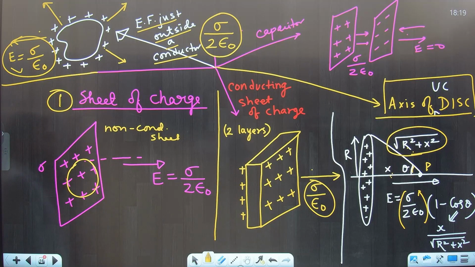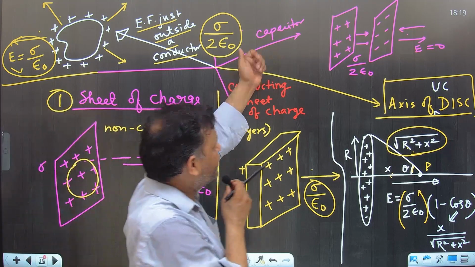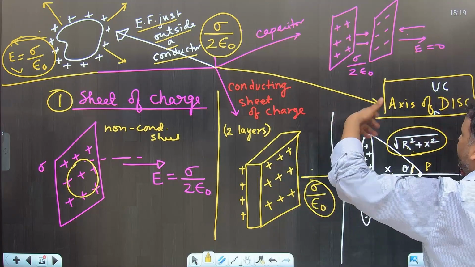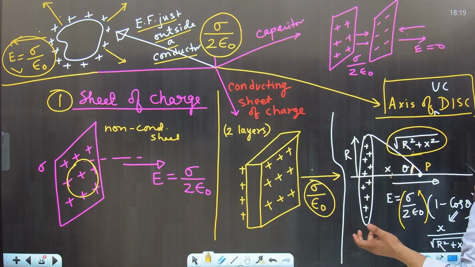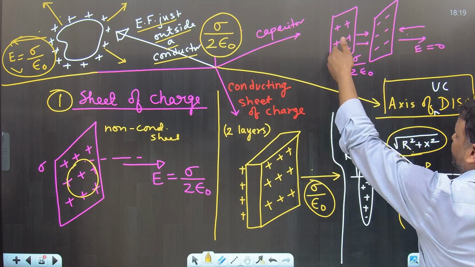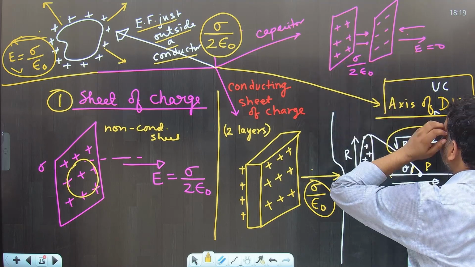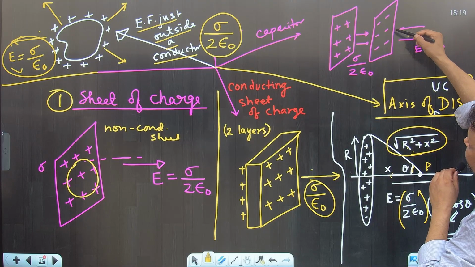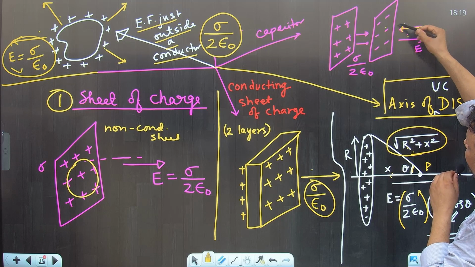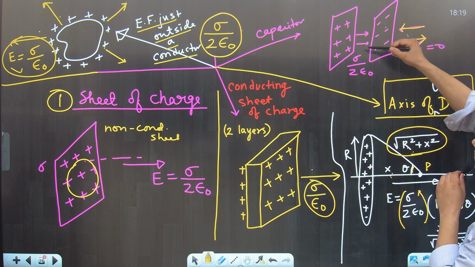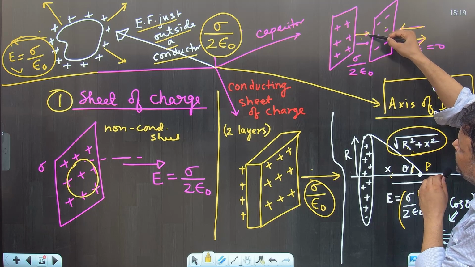And electric field due to a capacitor. Capacitor is a system of charges. It is a system in which we keep energy. There are two plates. On one plate there is plus q and on the other plate there is minus q. So electric field just outside this plate will attract and this plate will repel. So electric field is 0. At this point plus will repel and minus will attract.